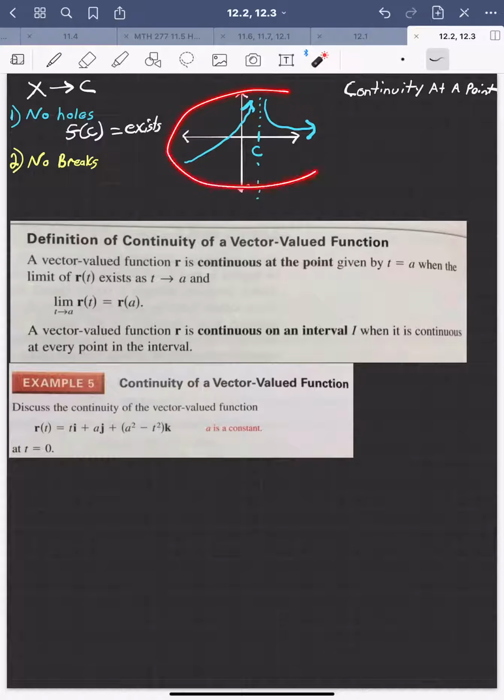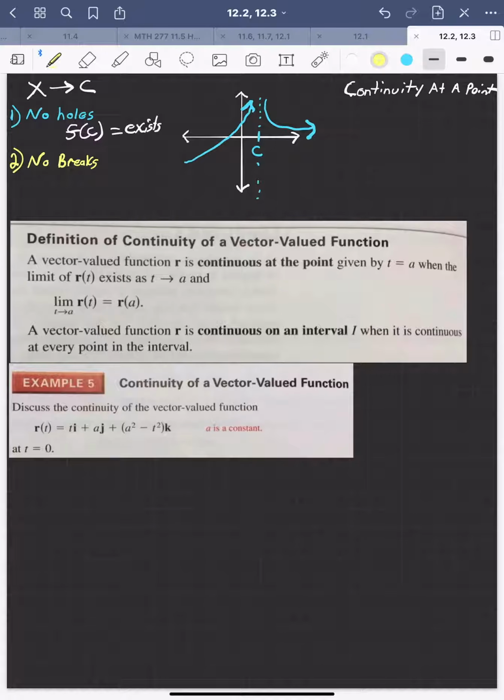Now, clearly, this function is not continuous. We have a point of discontinuity. And you can't draw it without lifting your pen. But how do I formalize the statement that there are no breaks in the graph, no vertical asymptotes like this?